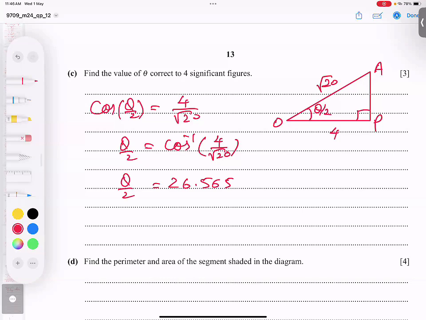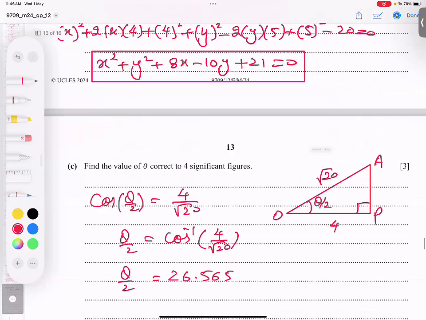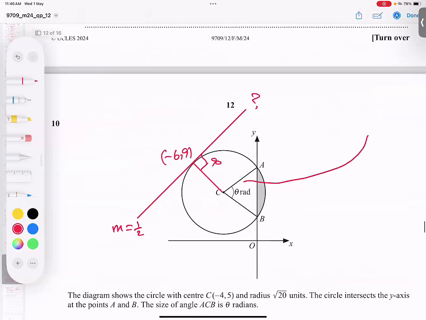And I get the angle, and once again, review: find the angle theta to 4 SF. With theta, he talks about this angle theta. The radius is given as root 20, and this gap given by him is 4 only. And center C. Yes, from center C. And let me recheck once again.